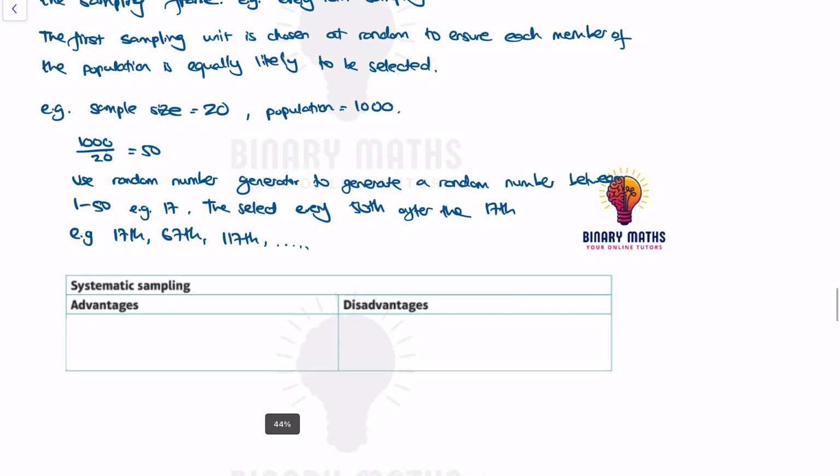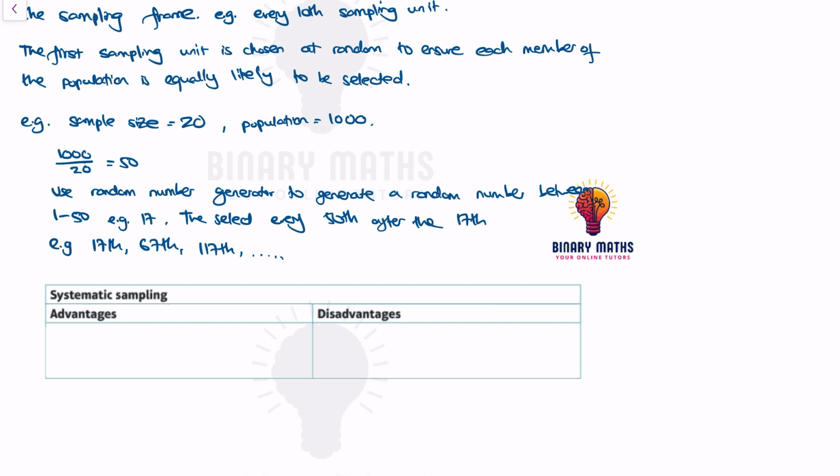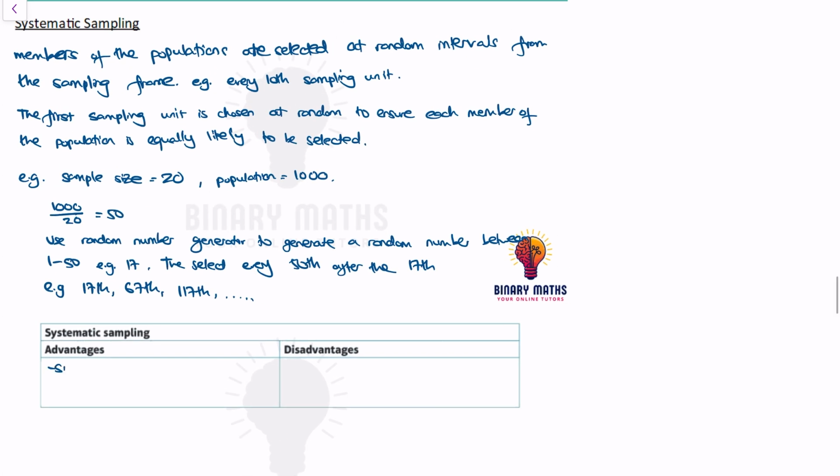What are the advantages and disadvantages of this? So advantage is it's simple, it's quick to use, and is suitable for large populations or samples. Disadvantage again, a sampling frame is needed.